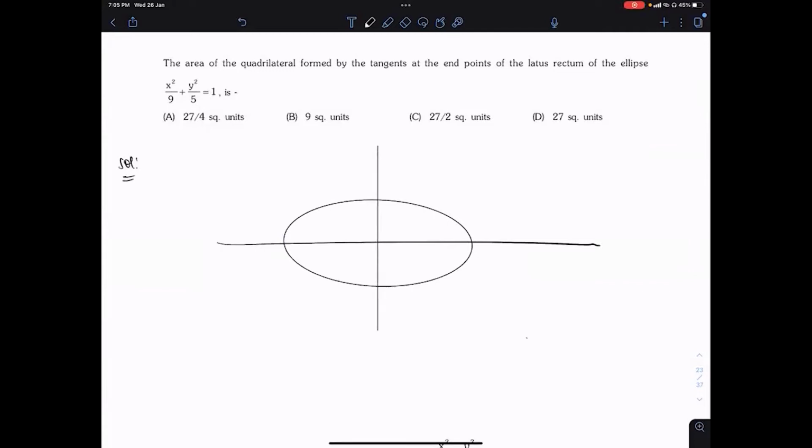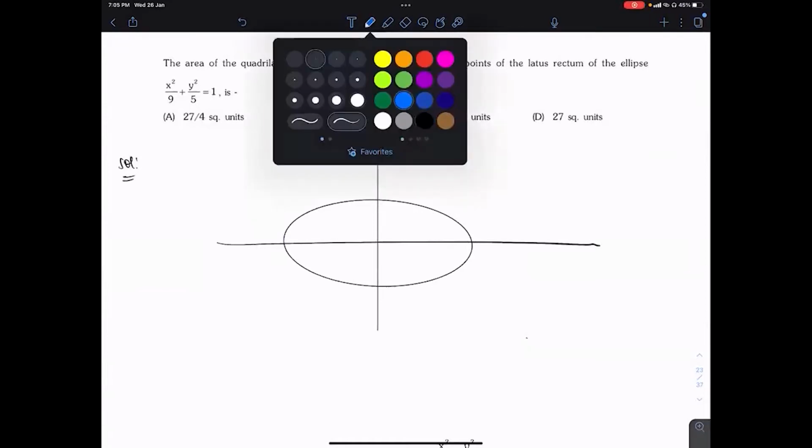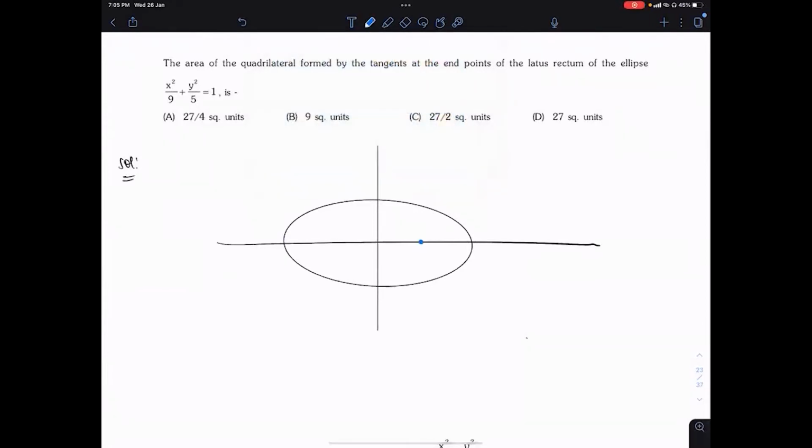What is latus rectum, endpoints of latus rectum? You have two foci. If you draw a chord perpendicular to the major axis, these are the endpoints of latus rectum, P, Q, R, S. Let's make it A, B, C, D, since S is already there.